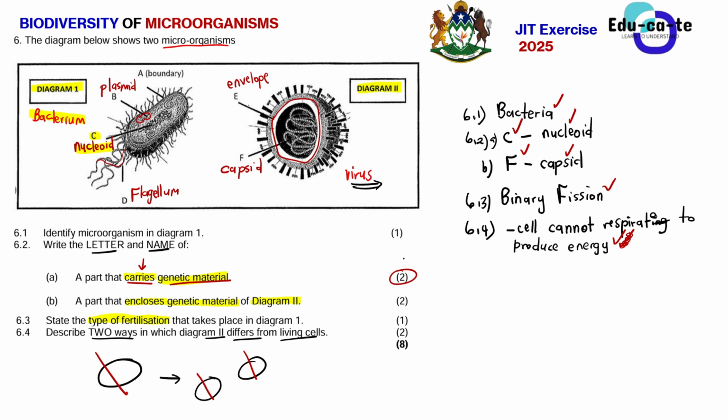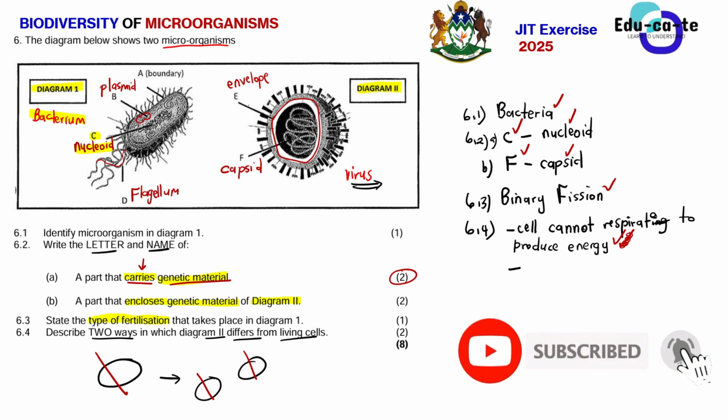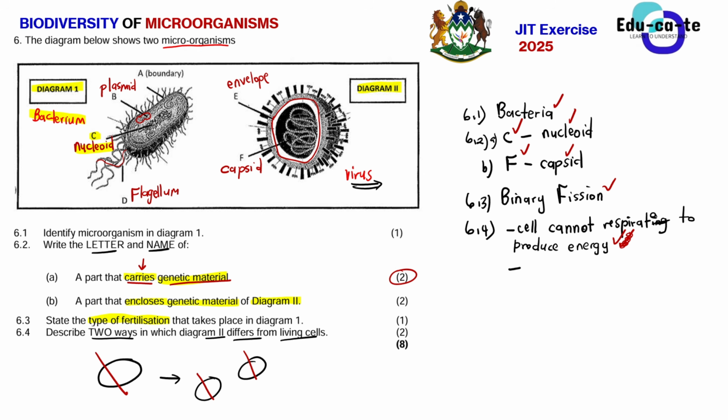You can talk about the viruses that they cannot excrete any waste. Remember that a normal cell has to excrete carbon dioxide as waste, right? But a virus, since it's not a normal cell, cannot excrete.